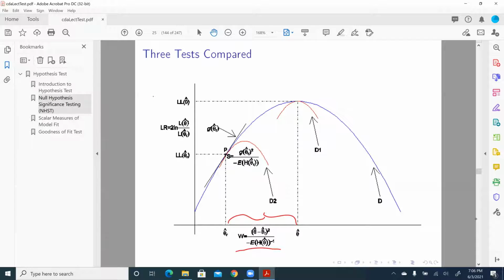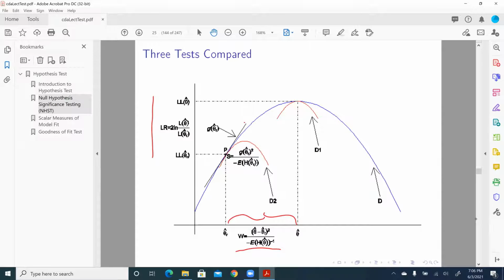This is the LR test, the log likelihood ratio test. It measures the vertical distance and scales by 2, and we can get a chi-square.